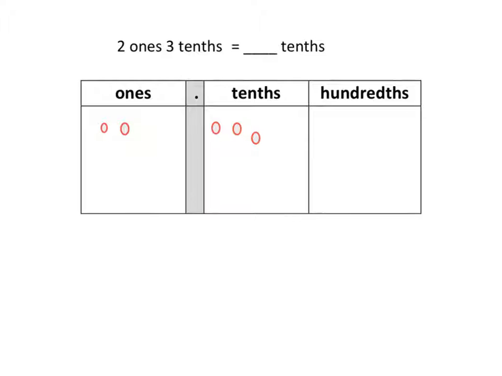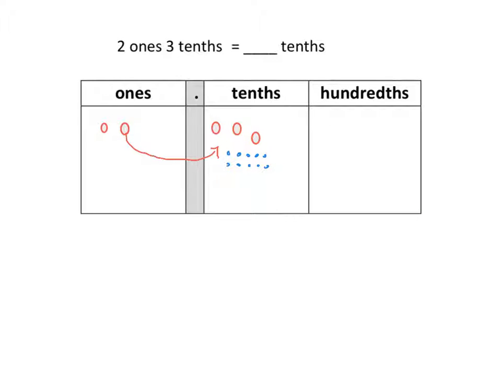And we want to take those 2 ones and convert them into tenths. So we move this one over into the tenths. How many tenths do we have in 1? Well, we have 10. So I am going to make 1, 2, 3, 4, 5, 6, 7, 8, 9 tenths.